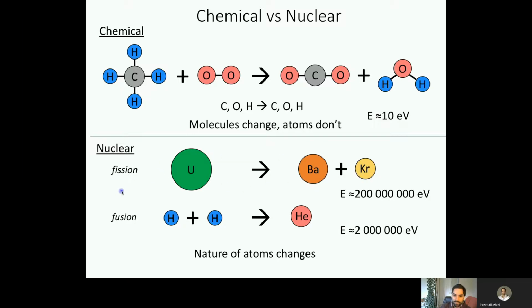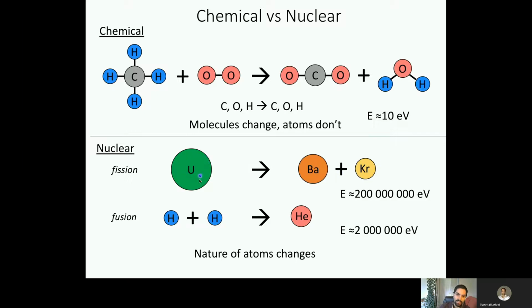We have another type of nuclear reaction, which is a fusion reaction. In this case, we have 2 atoms of hydrogen. This is a special type of hydrogen that is called deuterium, but it's still hydrogen. They react together and form a different atom, in this case helium. So you can see that the nature of the atoms change.